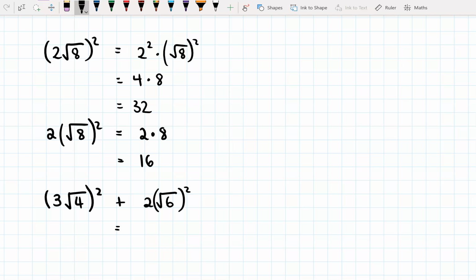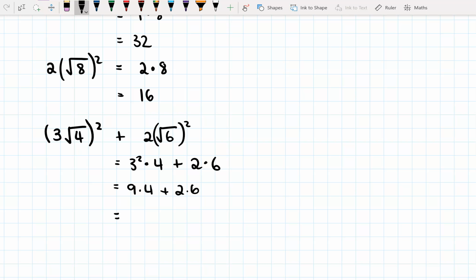So here we have 3 squared times the square root of 4 squared, which is 4. Plus the 2 is not inside the brackets here, so we're just going to write 2 times the square root of 6 squared, which we know is 6. So we get 9 times 4 plus 2 times 6. 9 times 4 is 36, plus 2 times 6 is 18. No, it's 12. So we get here an answer of 48.